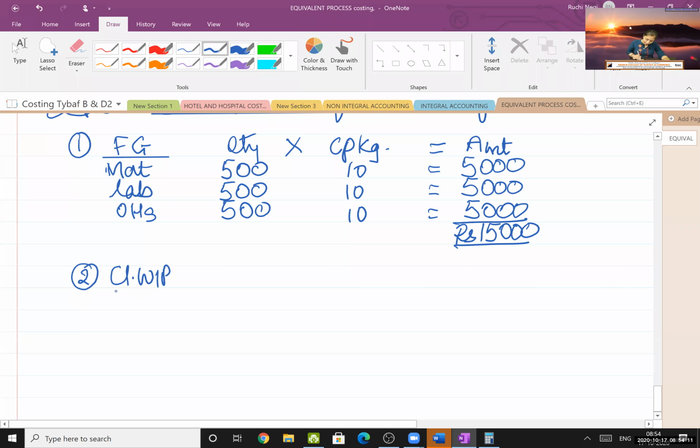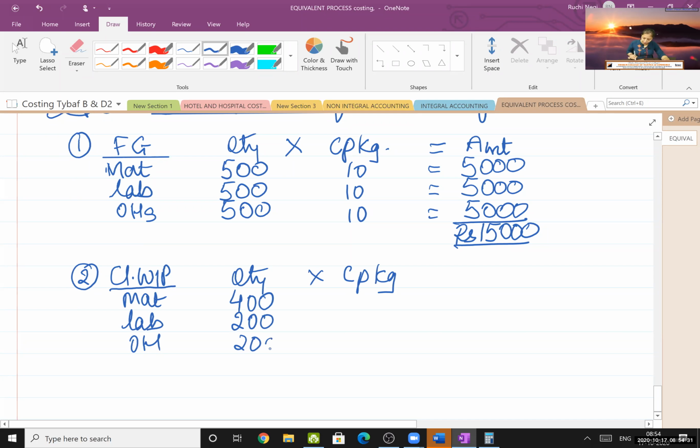Next, second, closing WIP, which will become my expected output in the future. Same material, labor, overheads. Same calculation, quantity and cost per kg. What was the breakup? Degree of completion 400, 200, 200 from step 1. And here it is 10, 10, 10. So 4,000, 2,000, 2,000.